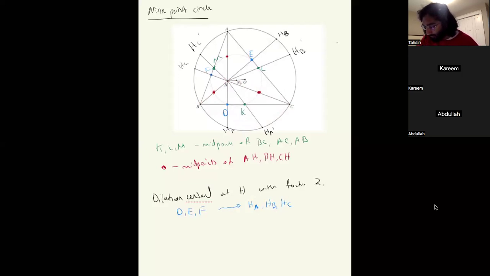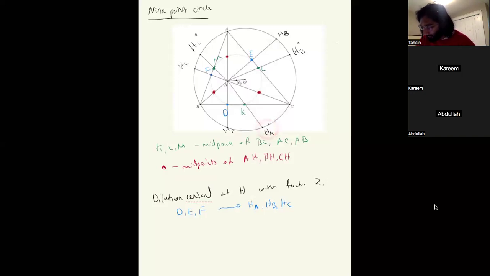I don't want to call it prime because usually those are phantom points. So maybe we can call it not or something. Yeah, so HA not, HB not, and HC not. Okay, and so what is the key property?